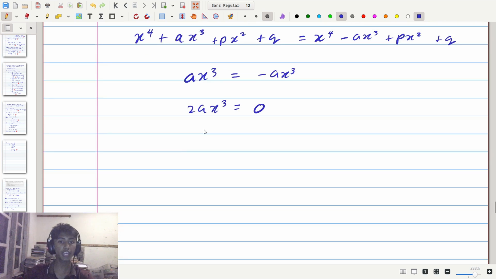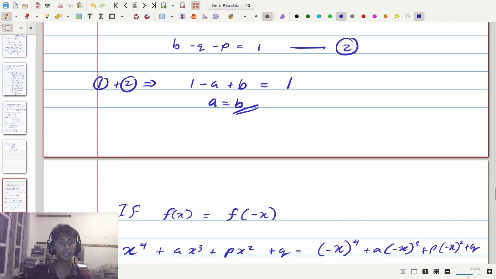Now if this is the case, we have a times x cubed being equal to 0 after dividing by 2. The two ways that this can be true is if either a is equal to 0 or x is equal to 0. There are no other ways for this equation to hold true.